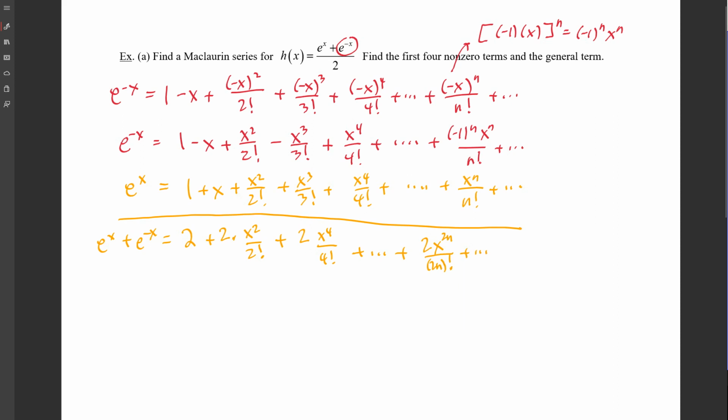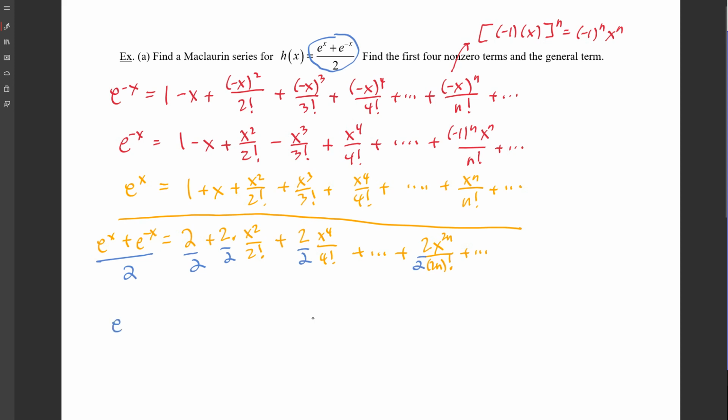So if this is what e to the x plus e to the negative x is, is that what I'm trying to find? No, I'm trying to find this summation divided by 2. So I can divide both sides by 2, and I have to divide every term by 2.